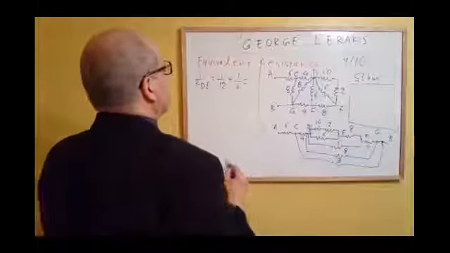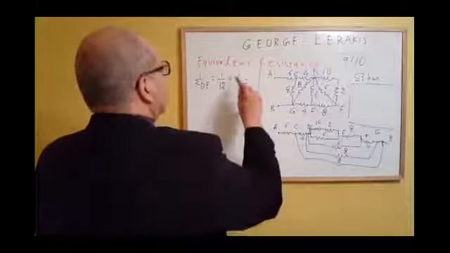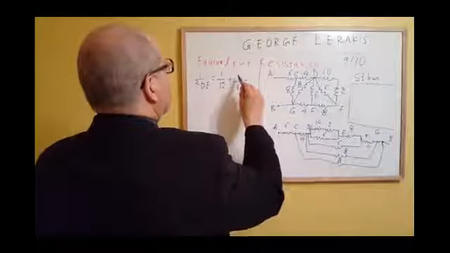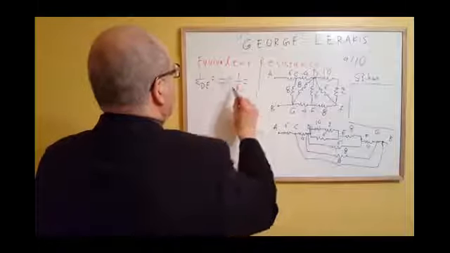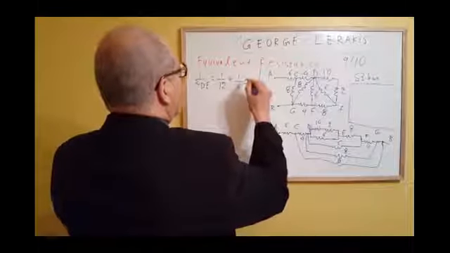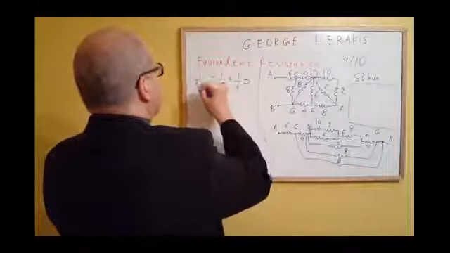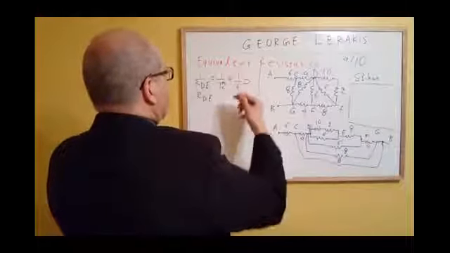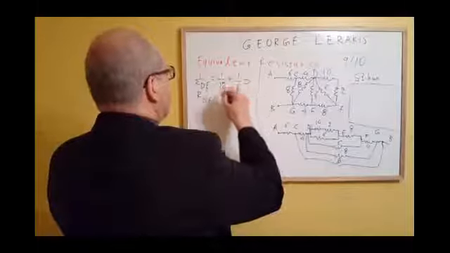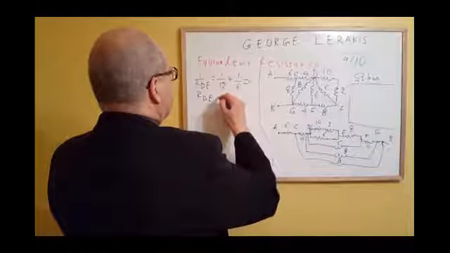If you put everything under the same denominator, you should multiply this by 2, so that becomes 2 over 12, so it should be 3 over 12. So that means that RDE, which is the inverse of this, will be 12 over 3, which is 4.